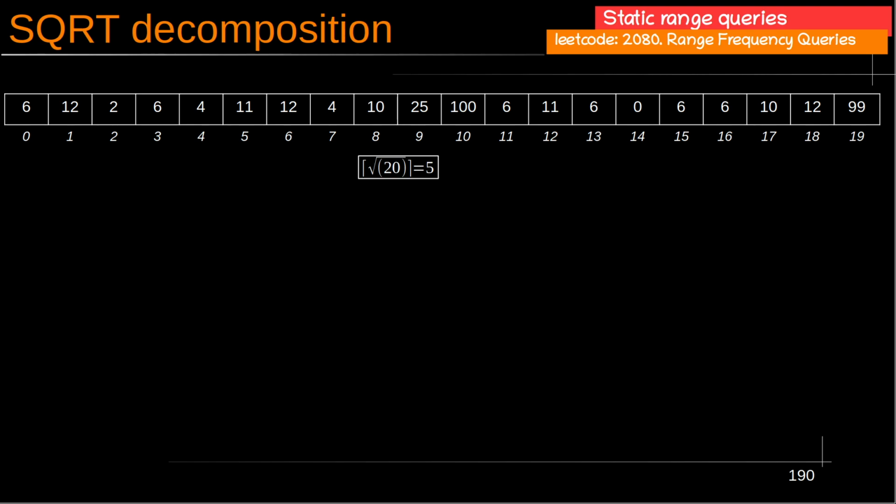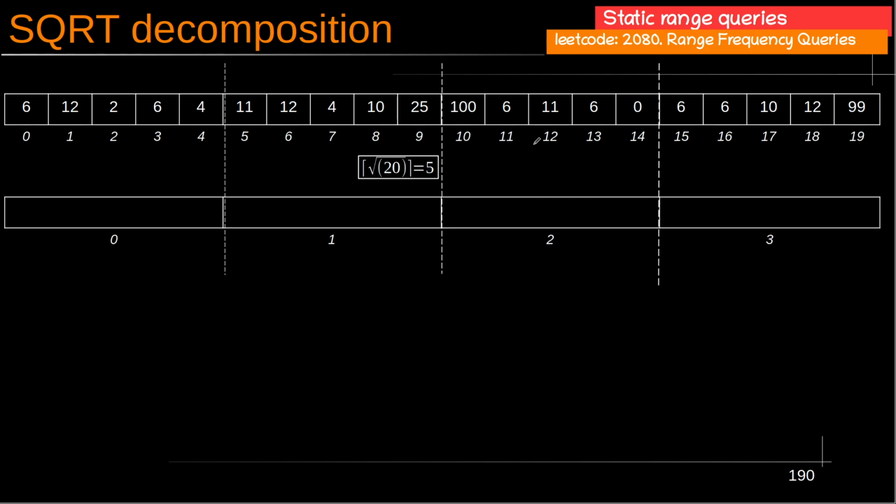Now the time complexity is big O square root of n, where n is the size of the big original array.